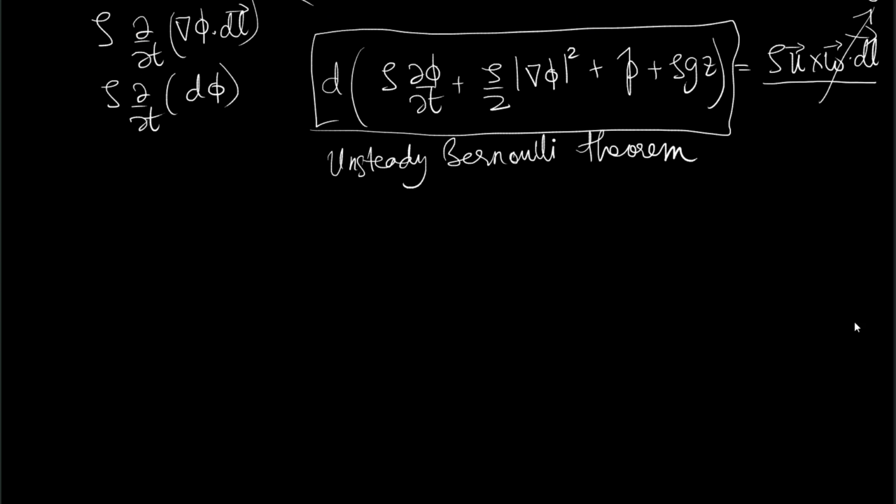Now you may think that all this is valid for inviscid flows, but there is a certain special case where the viscosity is present, but still we can arrive at the Bernoulli equation. Let us write down the Navier-Stokes equation for a Newtonian fluid.